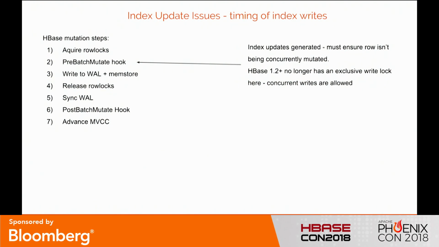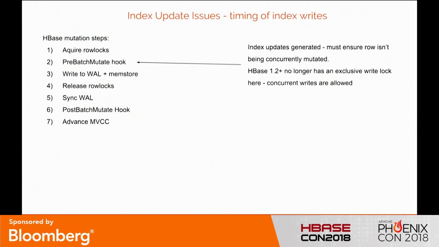Remember in the earlier slide I showed that in the pre-batch mutate we generate the index update. Now when we do that, it's important that we have an exclusive write lock. And what we found was that in HBase 1.2 and higher, you actually don't have an exclusive write lock here. HBase 1.2 and higher allow concurrent writes.